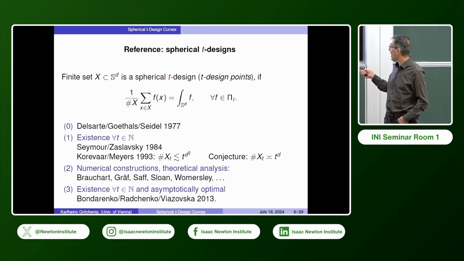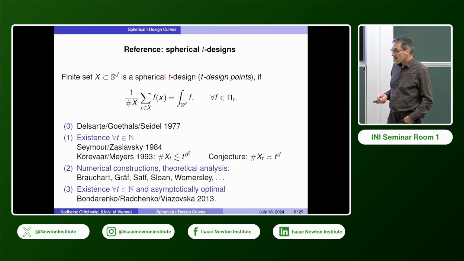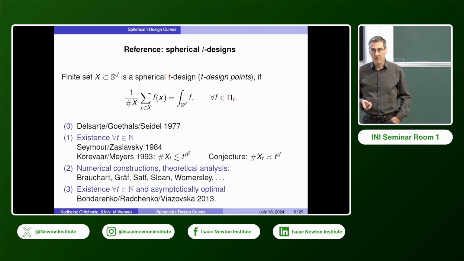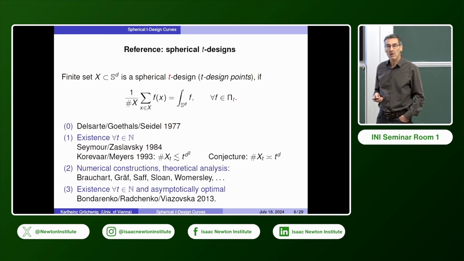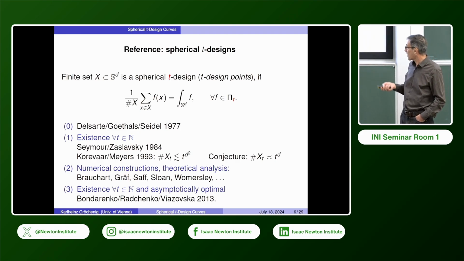So t-design always refers to the degree of the polynomials where I have exactness. This plays an important role in quadrature rules on the sphere. I think one of the earliest references is a paper by Delsarte, Goethals, and Seidel. Such point sets exist. That was established in the 80s and 90s.